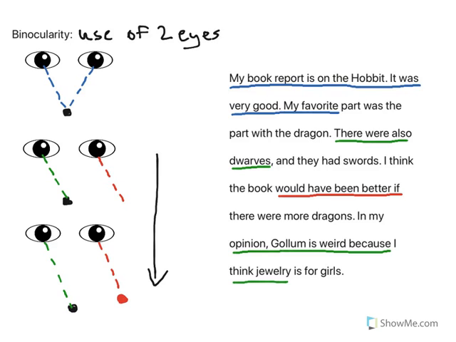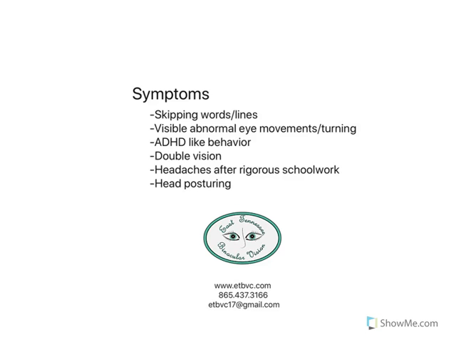So, to wrap this up, let's talk a little bit more about some of the symptoms that can be associated with this. Obviously, we've touched upon skipping words and lines, losing our place when we read. The other thing I want you to pay attention to is visible abnormal eye movements or eyes turning out. So sometimes if you're looking at an individual, you can see that their eye is kicking out, or sometimes they'll even alternate which eye they're looking at you with, and you can actually see this happening.